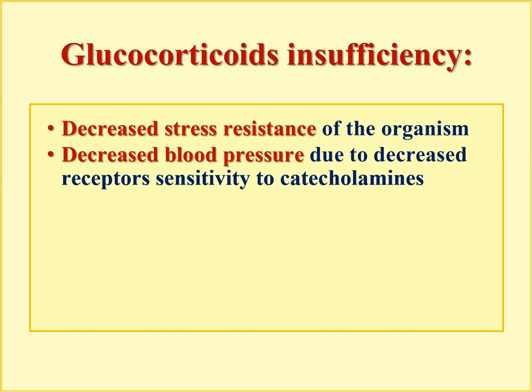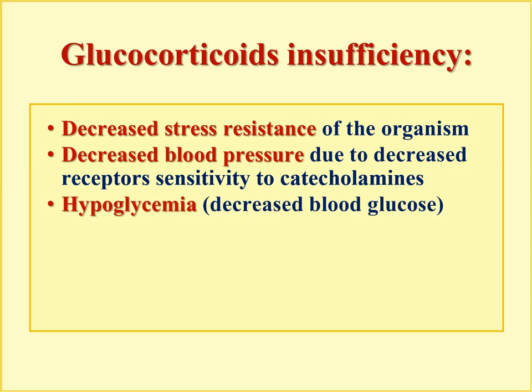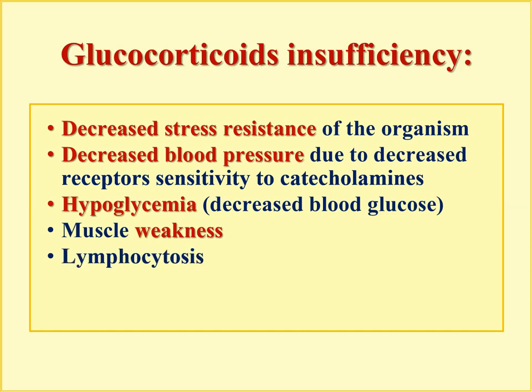Then decreased blood pressure, hypotension, due to decreased sensitivity to catecholamines, due to absence of the permissive effects. Then hypoglycemia, because glucocorticoids contribute to higher glucose, and without this effect glucose is decreased. Muscle weakness, partially because of decreased glucose, partially because of inability of cells to use glucose even in its presence. Then lymphocytosis.